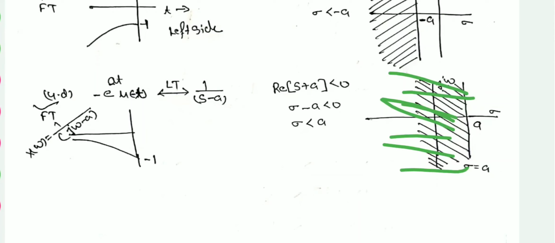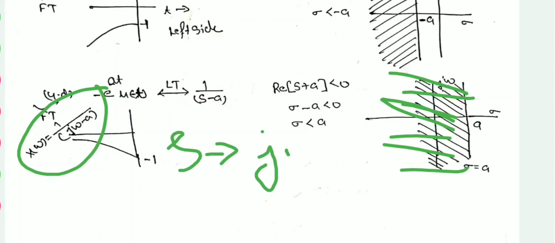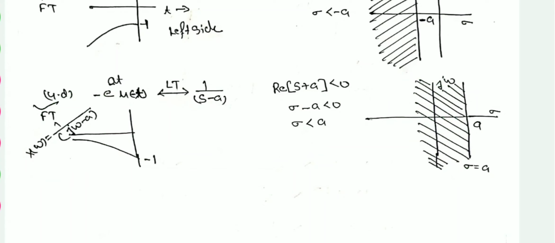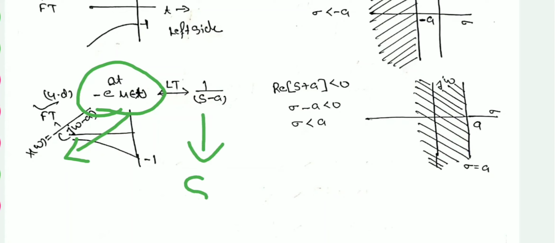And as this is convergent, its Fourier transform is also obtained. Just put s replaced with j omega, then the Fourier transform of e to the power at u(minus t) we directly write as 1 upon j omega minus a.